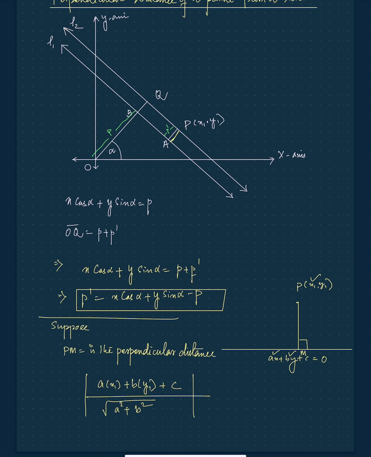Next, if two lines are parallel, one line is like this and another line is like this, it means they have the same slope.